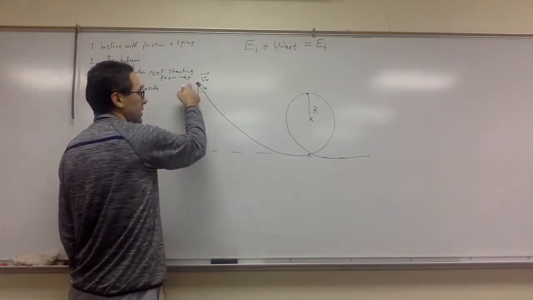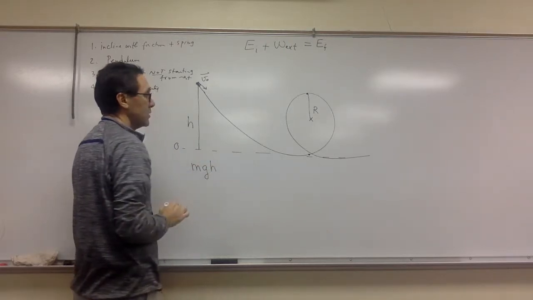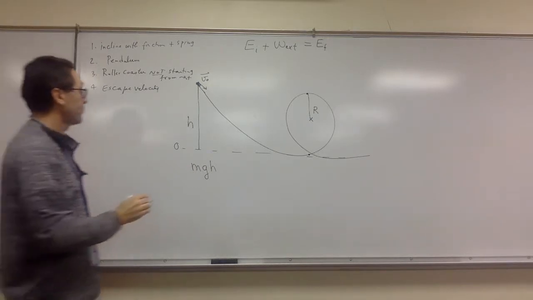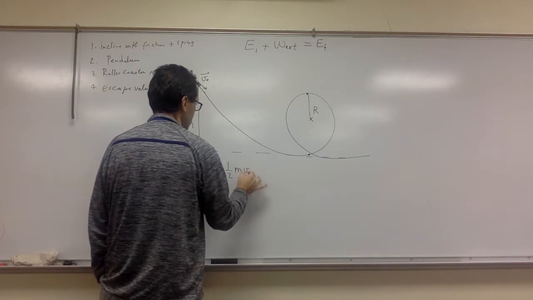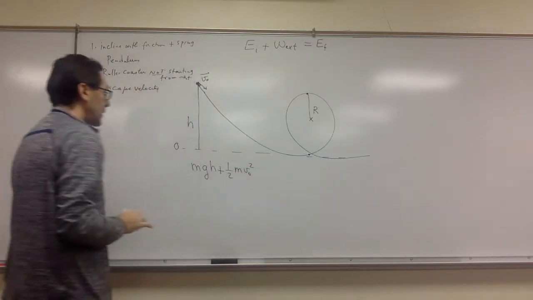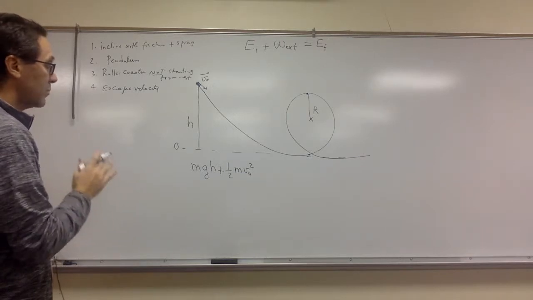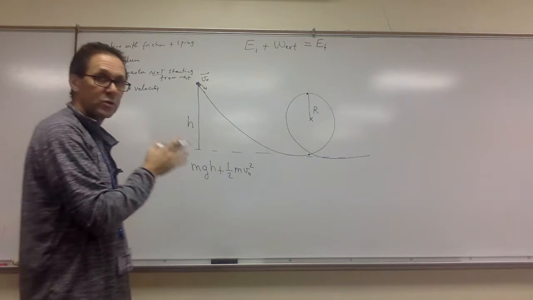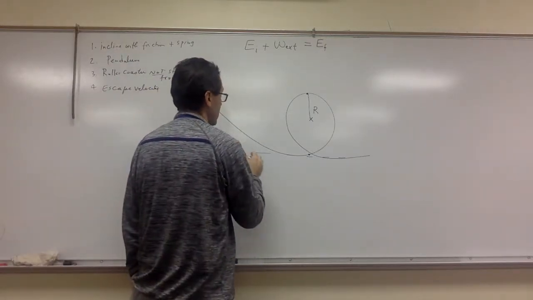At the very top, I have mgh for gravitational potential energy, plus 1/2 m v0 squared. There is no external work done by anything, because I'm picking the Earth as part of my system and there is no friction here, so there are no external agents doing any work on the system.